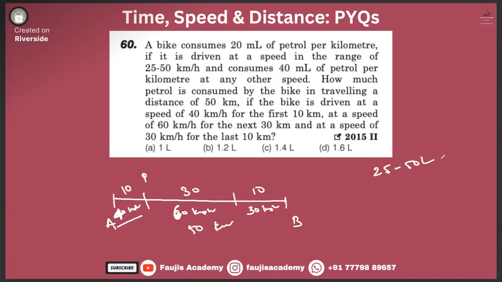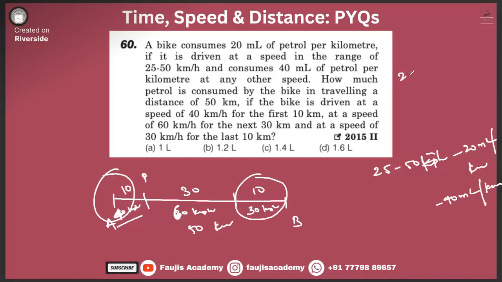Okay. When at the speed between 25 and 50 km/h, the consumption is 20 ml per kilometer. Okay. When at any other speed, the consumption is 40 ml per kilometer. Right now. So over here it is 10, 20 kilometers into 20, 400 ml.